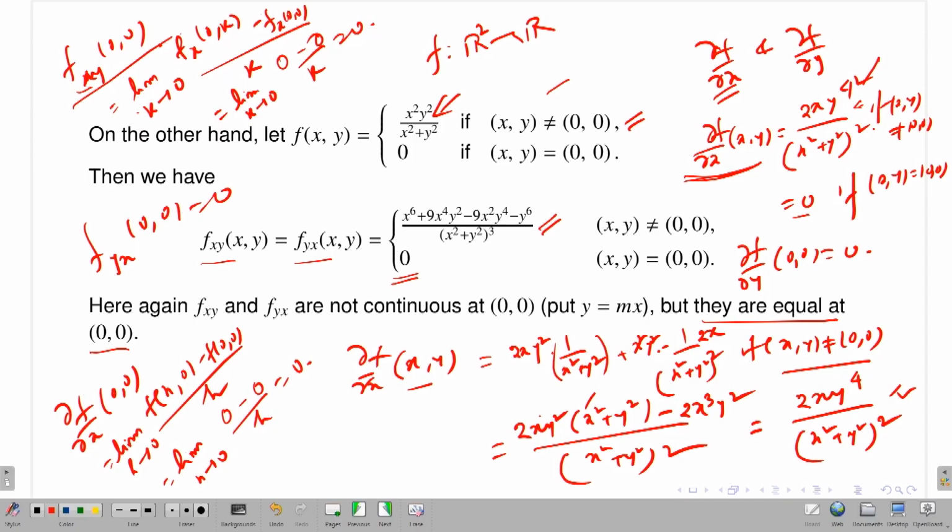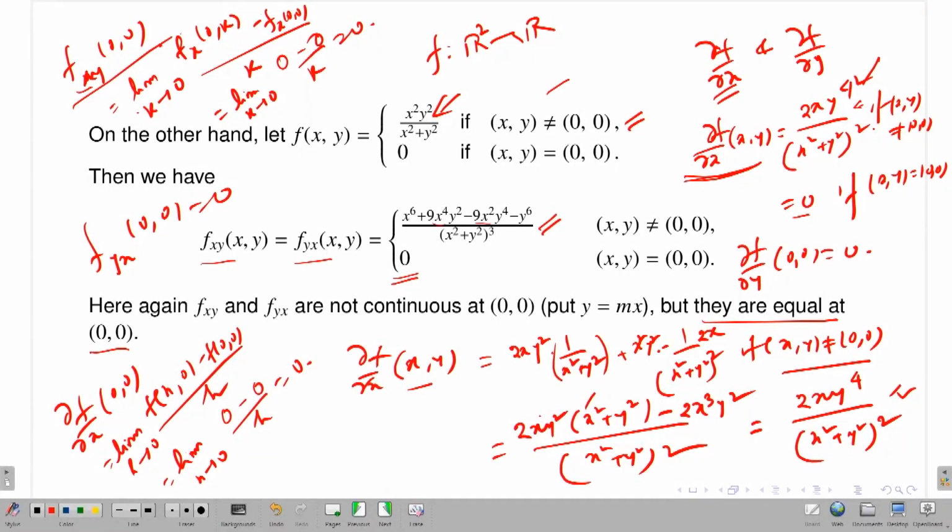Look again at the quotients. In the numerator you will have highest degree 6: x to the power 6, then x^4 y^2, since 4 plus 2 is 6, then x^2 y^4. If I want to talk about the continuity of f suffix xy and f suffix yx at the origin, again the same argument: you come to the origin in two directions. Take the path y equals mx, and you can guess why: the numerator and denominator have similar degrees, numerator 6 and denominator also 6.